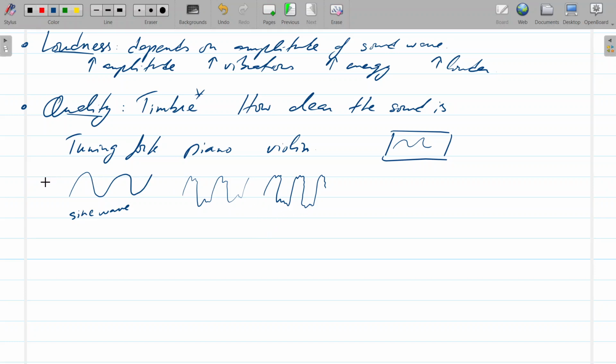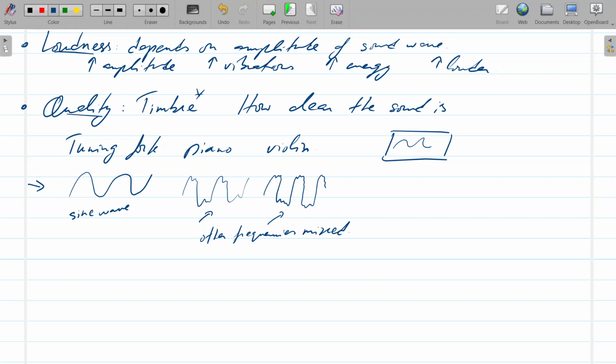So in principle, all three of these are the same, but this is just one frequency. It's very clean, and these have other frequencies mixed in. The higher the quality, the more clearly you can make out that particular frequency.